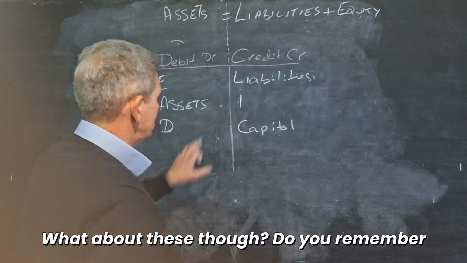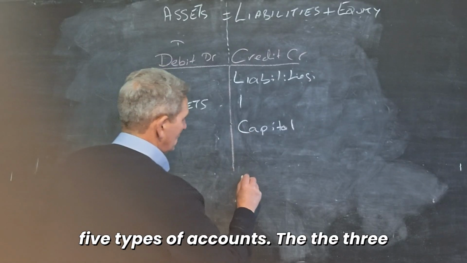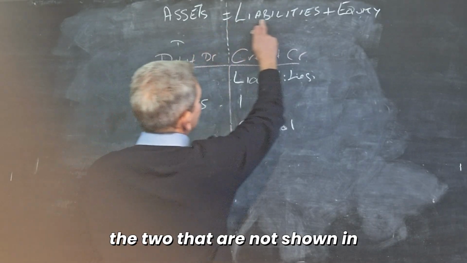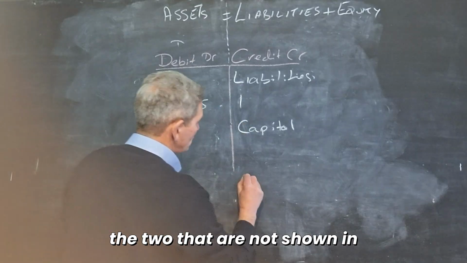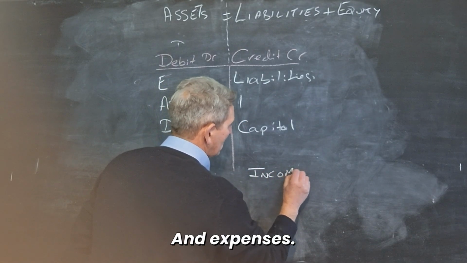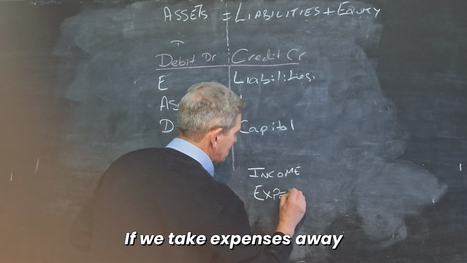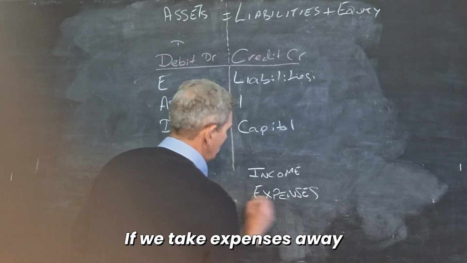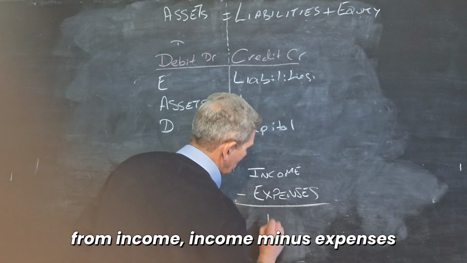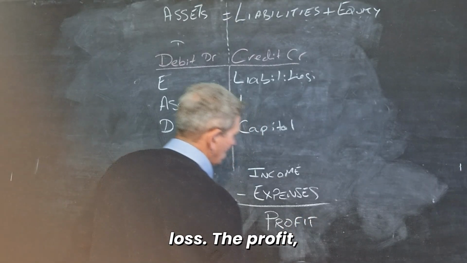What about these though? Do you remember the previous episode we wrote there are 5 types of accounts? The 2 that are not shown in this equation are income and expenses. If we take expenses away from income, income minus expenses equals profit or loss.